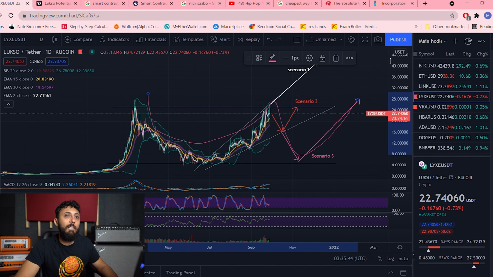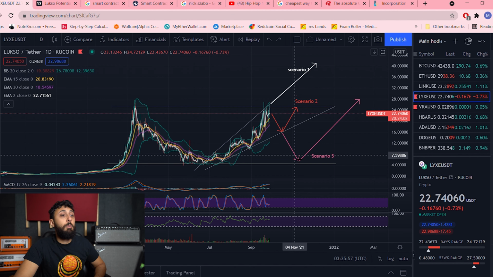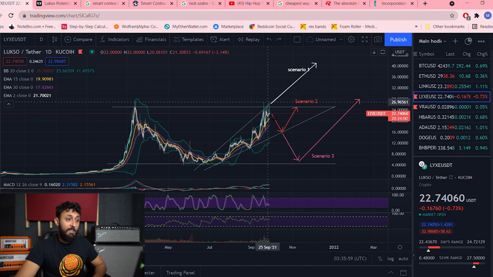So that's why it's important for you guys to look at multiple scenarios of how it could break down. Because arguably all of these are possible, in my opinion, personally. So how I would play this chart, considering that there are about 3 scenarios, is A, you hold.